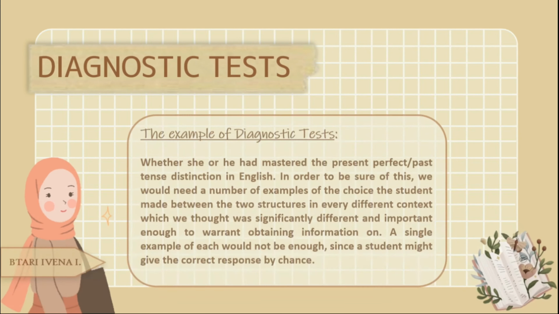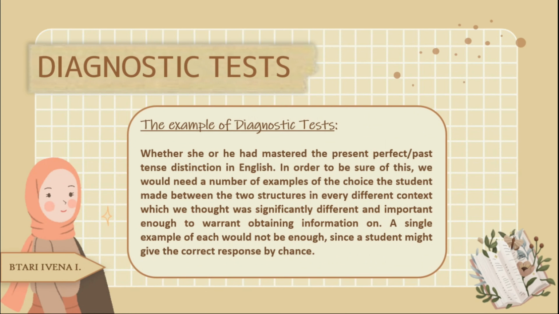Example of diagnostic test. For example, whether she or he had mastered the present perfect or past tense distinction in English. In order to be sure of this, we will need a number of examples of the choice the student made between the two structures in every different context, which we thought was significantly different and important enough to warrant obtaining information on.